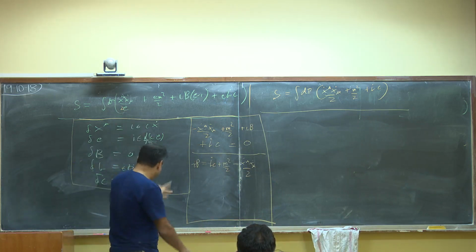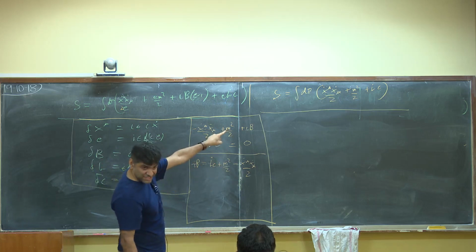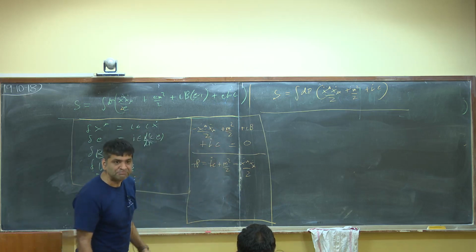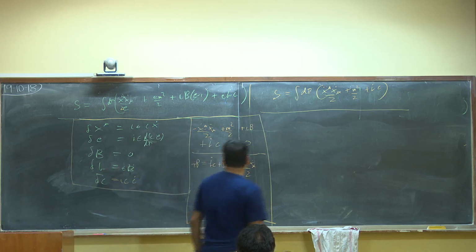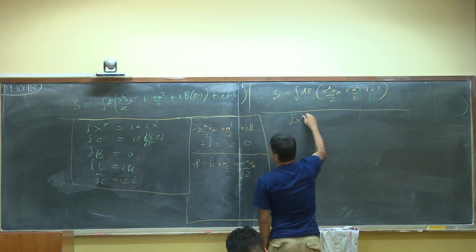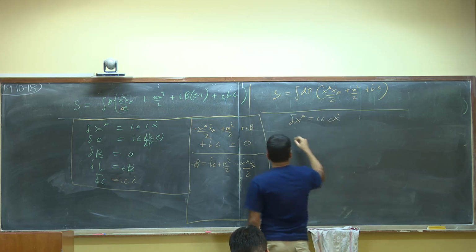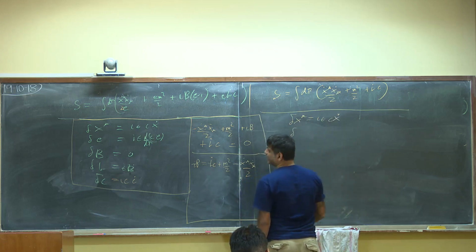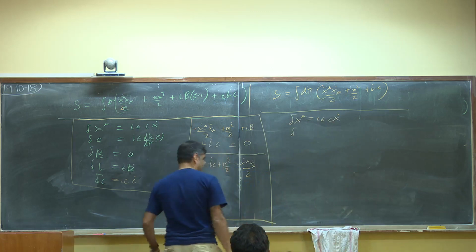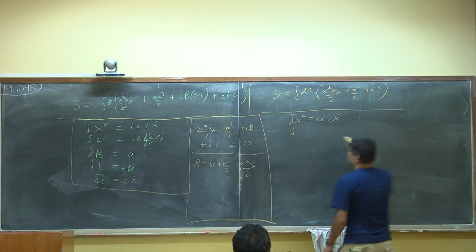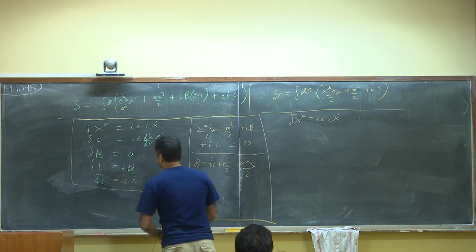Okay, now the proposal is that this reduced action has a reduced invariance. Okay, and the invariance is delta x mu is equal to I epsilon Cx dot. Delta E, oh, but there's no delta E, so we don't even have to worry about it. Delta B is not there.